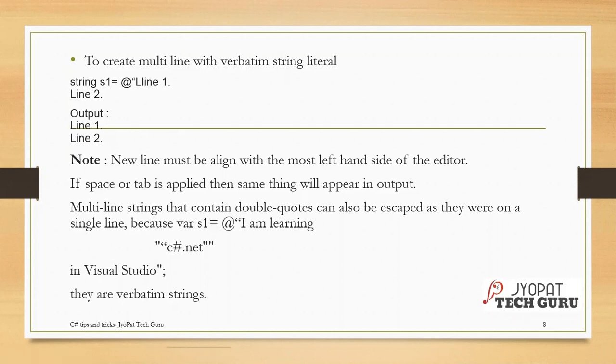Whatever you type, the same thing is getting displayed. If a space or tab is applied, then the same thing will appear in output. So can we add multiple lines? Yes, we are adding multiple lines using this. Again.